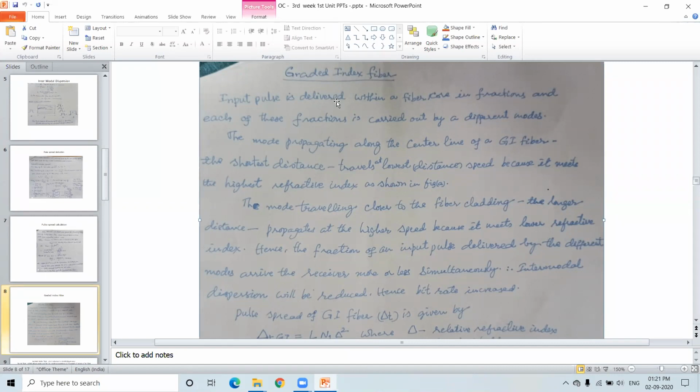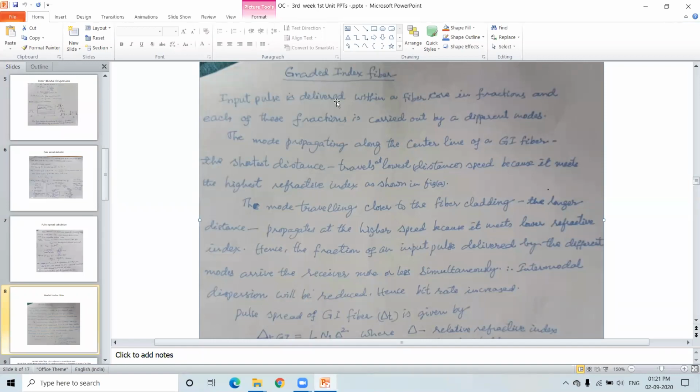So at the central axis of the optical fiber, where the zero mode is traveling, that very small region has a very high refractive index. So how can you have small layers with different refractive indexes?